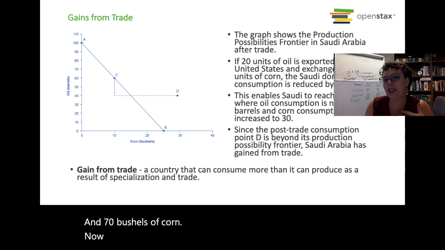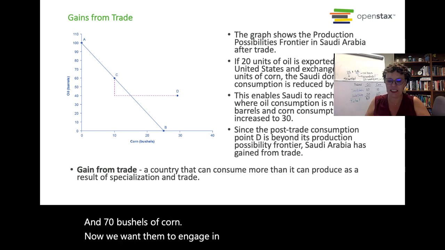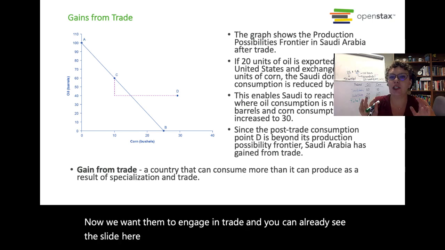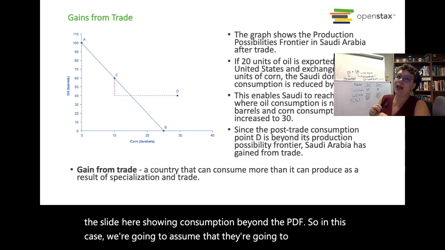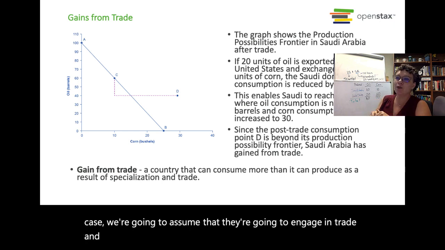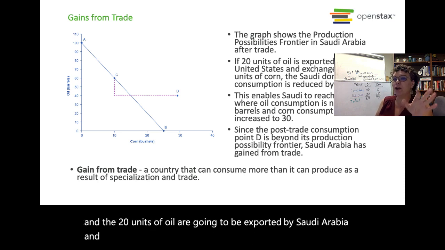Now we want them to engage in trade. And you can already see the slide here showing consumption beyond the PPF. So in this case, we're going to assume that they're going to engage in trade, and the 20 units of oil are going to be exported by Saudi Arabia and exchanged for 20 units of corn by the United States.